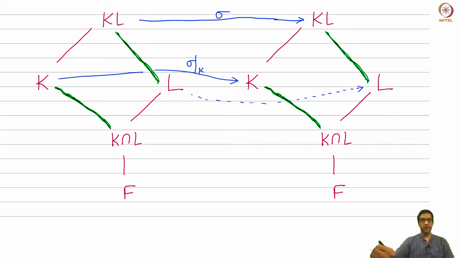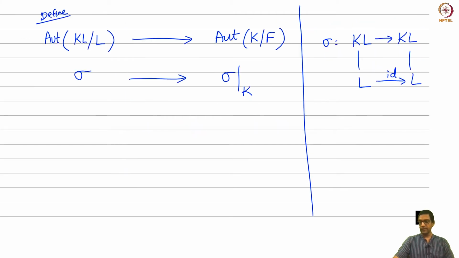There are lots of nice parallelograms in this figure. So why is this? For this to be well defined, the claim is that sigma maps K to itself.